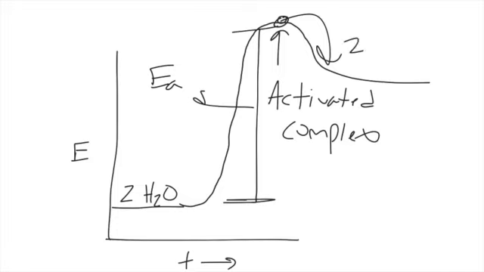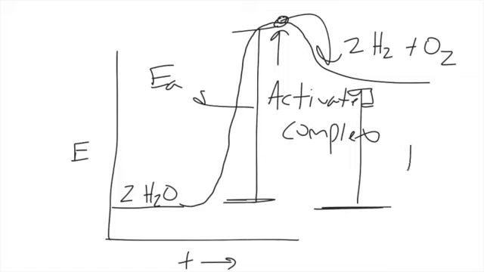The 2 products are 2 H2 and 1 O2. Those are the 3 molecules I was referring to before. But this reaction starts out at this energy and ends at a higher energy, so there must have been an overall energy input, which is, as I mentioned before, an endothermic reaction.